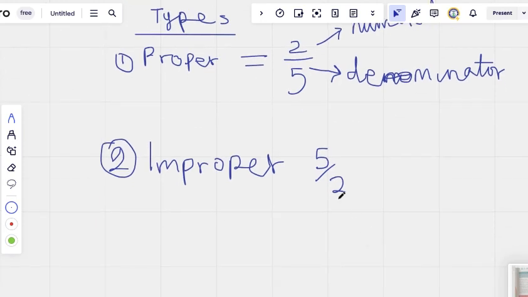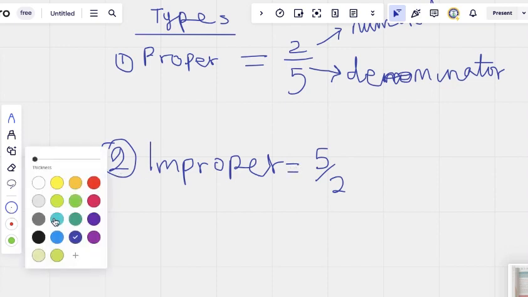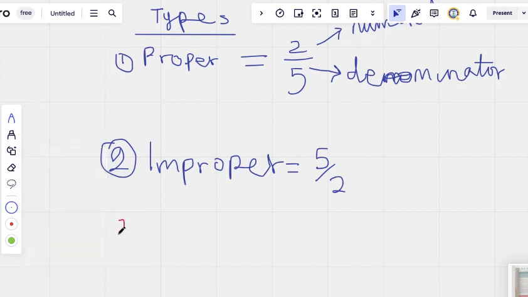The third case is the mixed number or the mixed fraction. We must learn how to convert from improper to mixed and from mixed to improper.